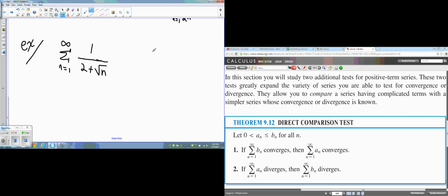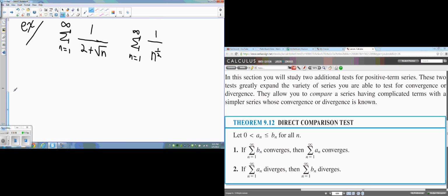I could use this p series, 1 over n to the 1/2, or 1 over the square root of n, n equals 1 to infinity. Let's see what the relationship is of our series to that p series nth term.